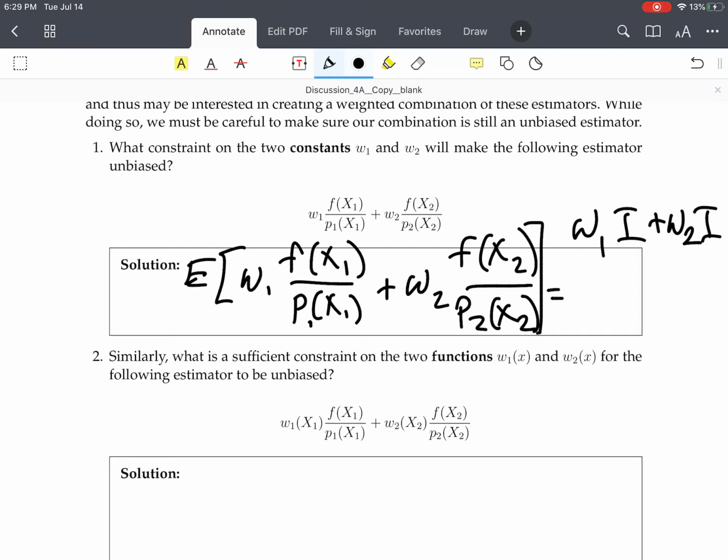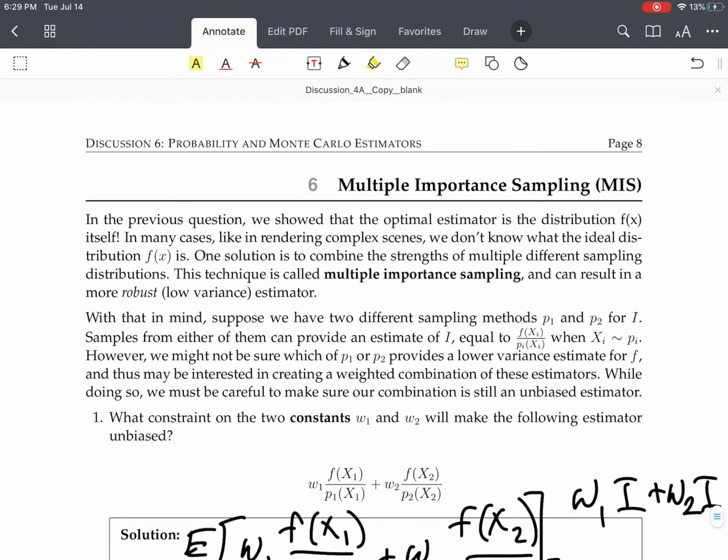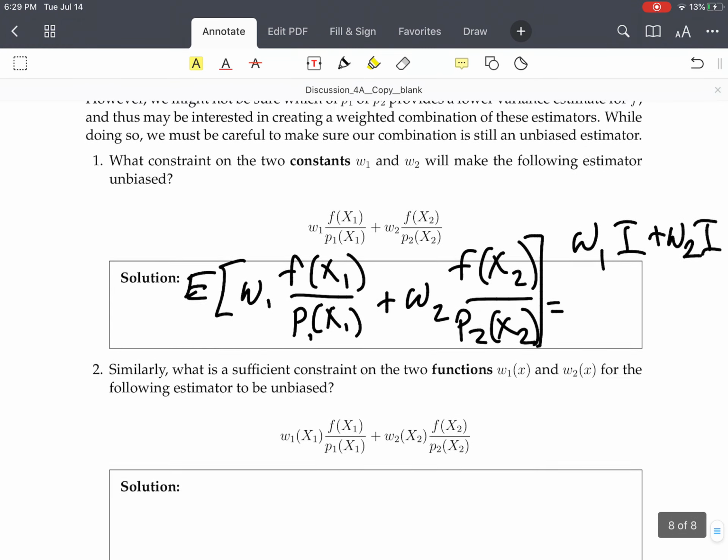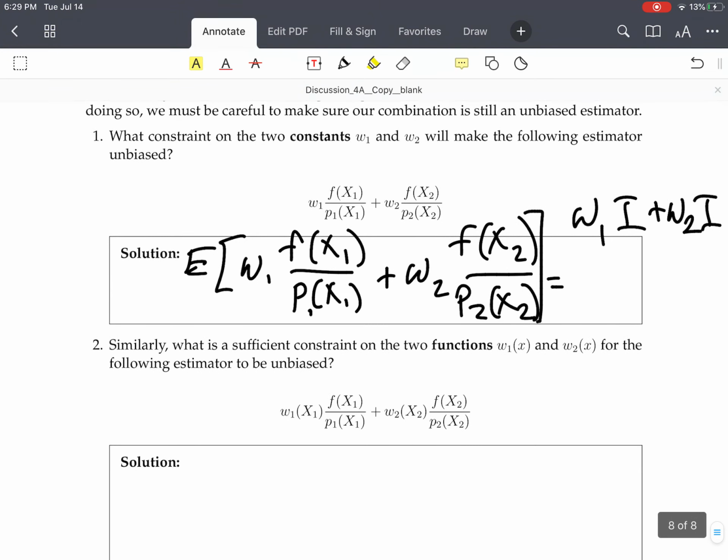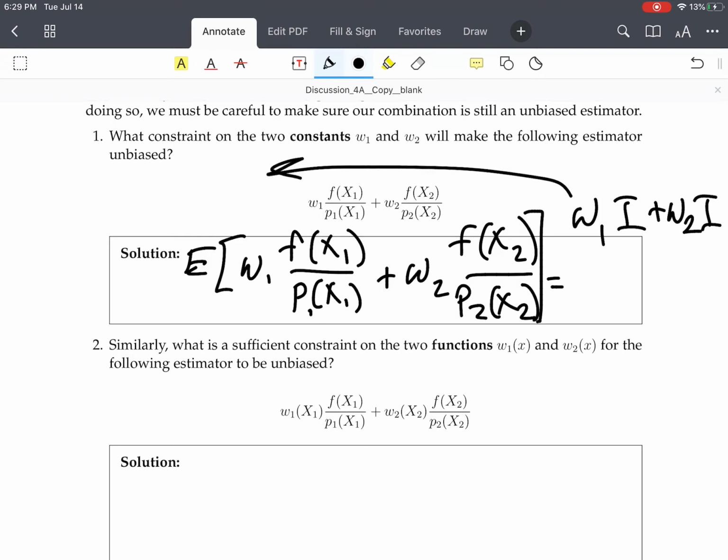And so what do we want this to be? We want this to equal I, right? So we want W1I plus W2I to be equal to I. And so, hopefully this is pretty simple from here.